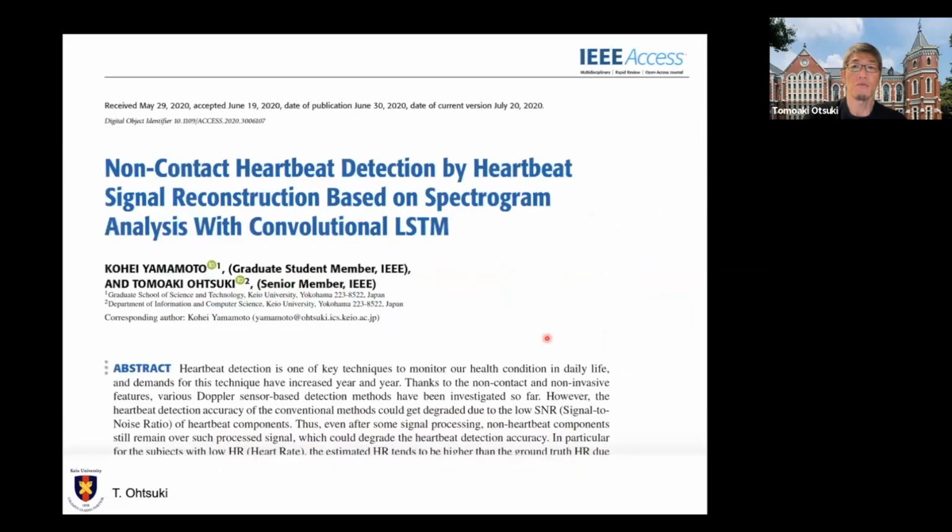So this is one of the techniques to detect the heartbeat from the noisy signal. It was already three years ago, but I want to introduce this one. As the title mentions, it is based on a deep learning technique.